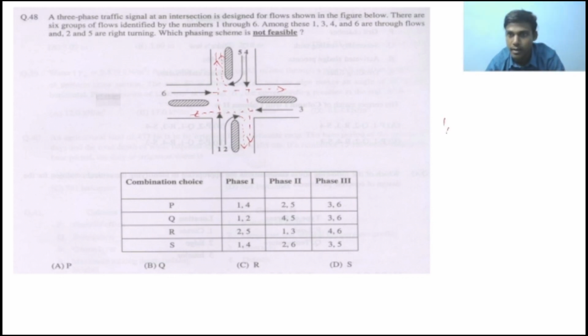So 1 and 3 can't move simultaneously, and like that 1 and 6 can't move simultaneously. Similar to that, 3 and 4 can't move simultaneously. Look at the crossing here.